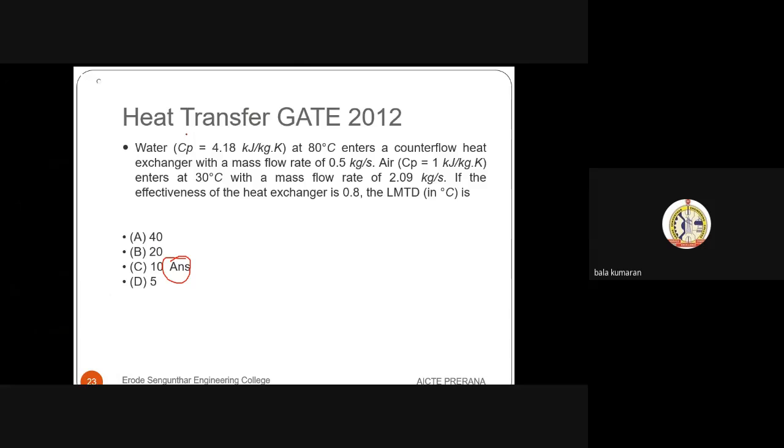Okay. They have given you two substances, one is water and another one is air. For this, they have given you two Cp values, water Cp and air Cp, two temperatures, water temperature and air temperature, and two masses, water mass and air mass.